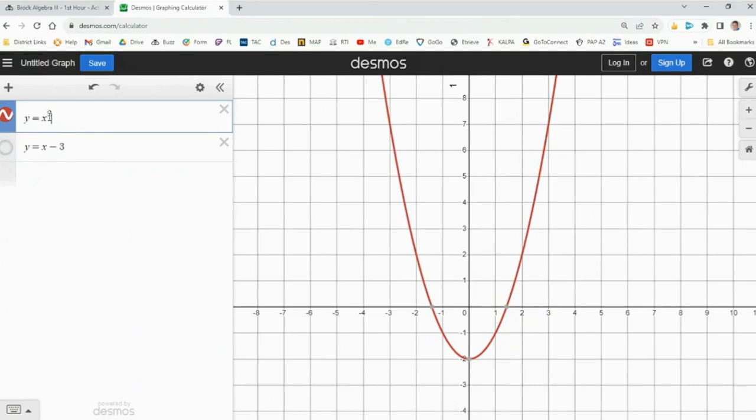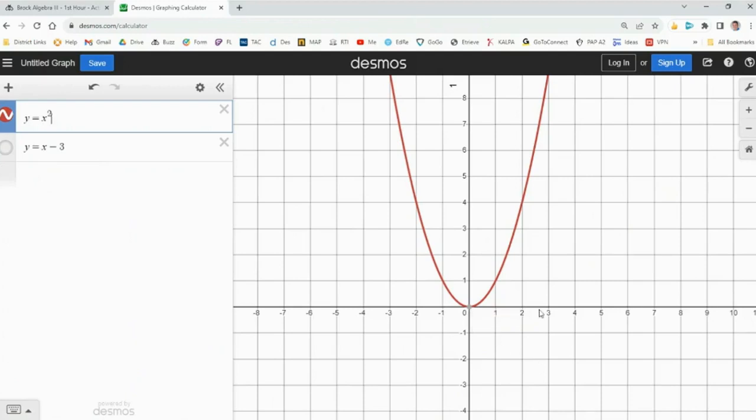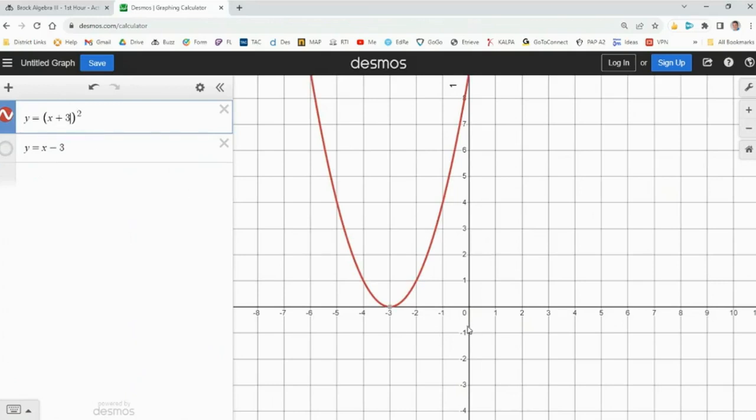How about a left and right shift? What if I just want this to move over here to where the x is at 3? I have to put that inside with the x, in parentheses. Would I say plus 3? You think so, but that makes it go left, because you'd have to go plus 3 to get back where it started. Left and right is the opposite sign of what you think it is.